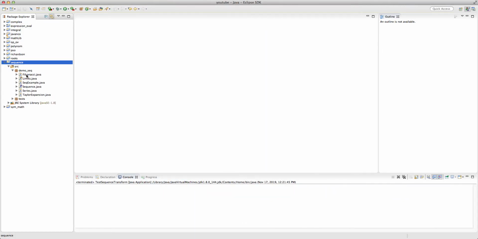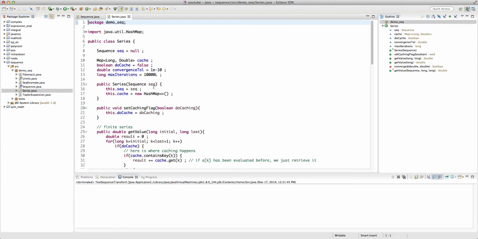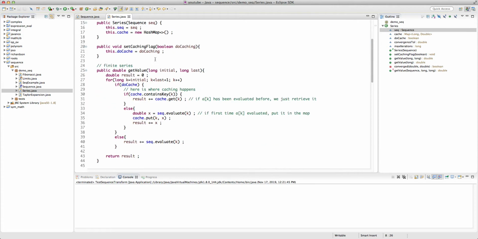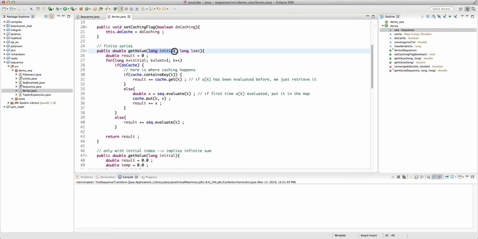In our sequence project, we had a sequence object, which is a functional interface, all right, and then a series class, which basically takes a sequence and then sums over some index that we provide, from the initial index to the last index. And here I've changed the int types to long types because int just takes more memory, but it's better to have it as long, just to be safe.